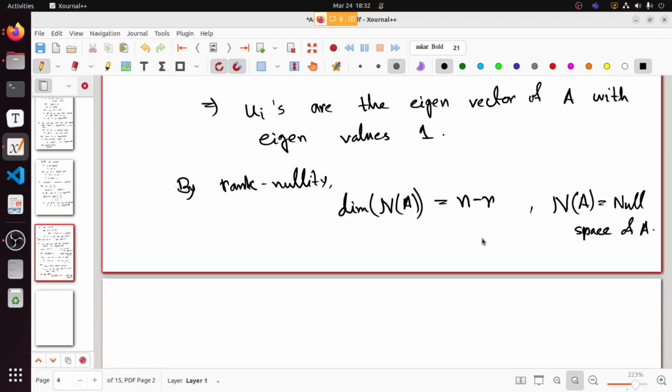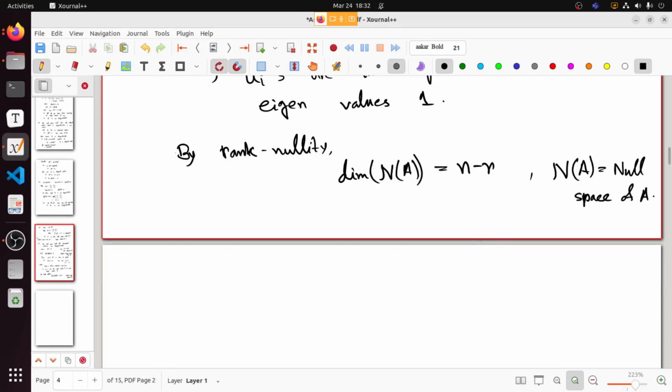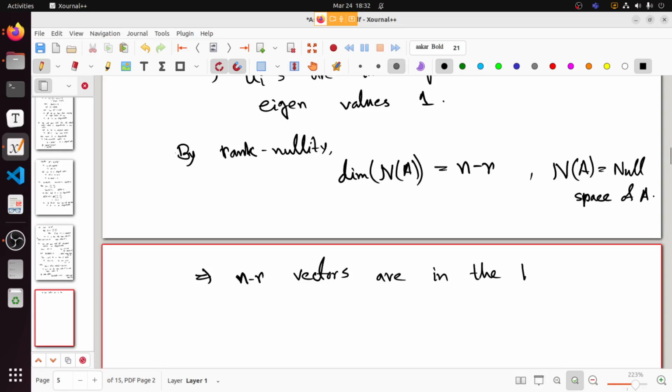Null space means they map to 0. So n minus R vectors are in the kernel of A.